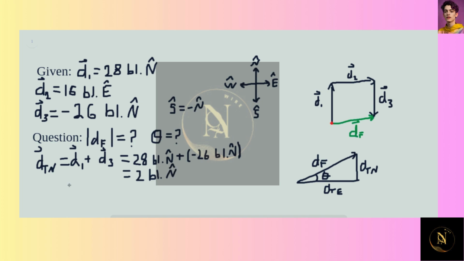Okay. And then now we want the total displacement in the east. Okay. Well, total displacement in the east, since there's only one displacement in that direction, is just 16 blocks east.